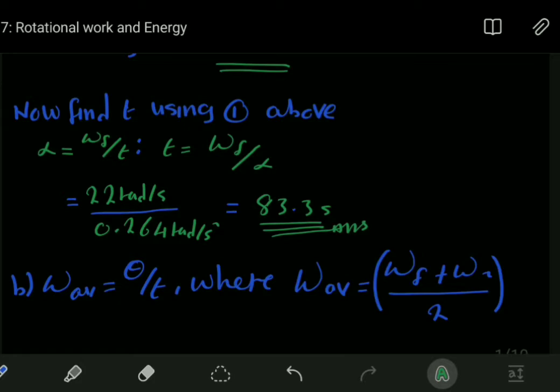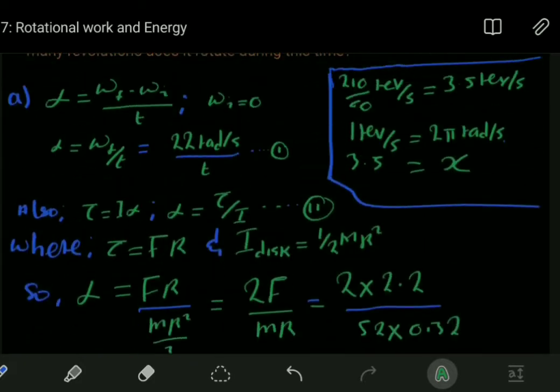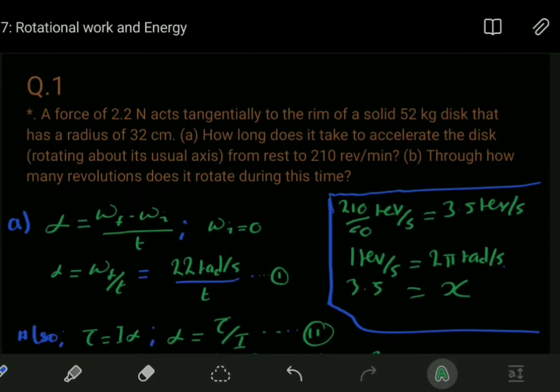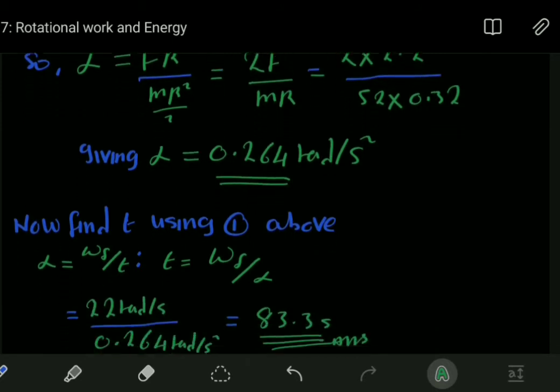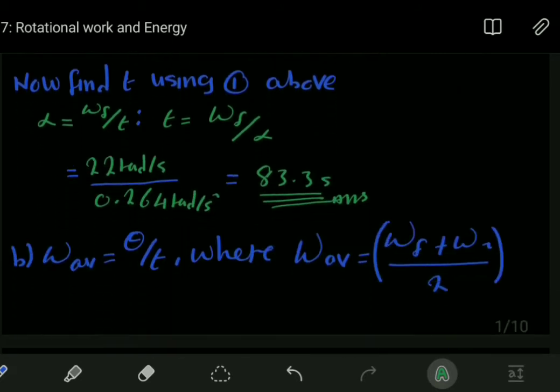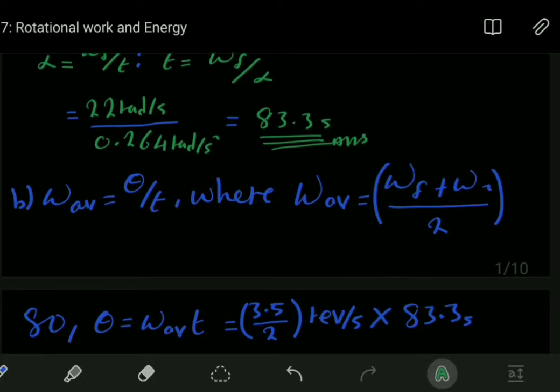So this is the time that it takes for this rim to accelerate from rest to 210 revolutions per minute. Now that we have found the time, we can now find the displacement, or rather the number of revolutions it makes during this time.